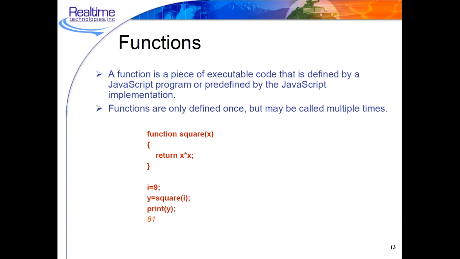So functions are essentially a piece of executable code that is defined by a JavaScript program. You can create a function that has an equation or some other algorithm inside of it, and then you can use that function and call it multiple times from your JavaScript.